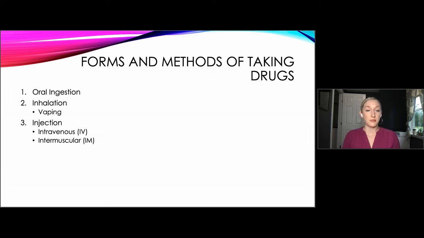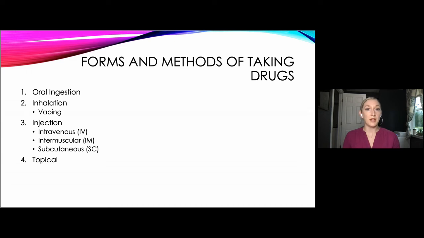We also have intramuscular, where the concern is contaminated needles and the spread of infectious diseases, also with intravenous use. Subcutaneous, which just means under the skin, can actually damage the skin in that area. And then we have topical, where the drug passes through the surface of the skin tissue to have its effects.